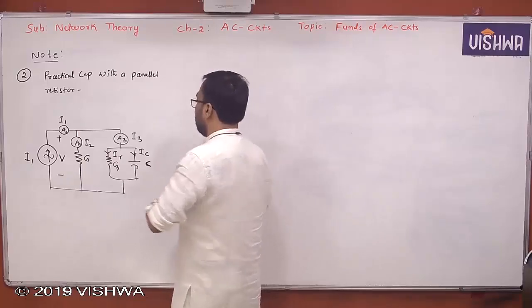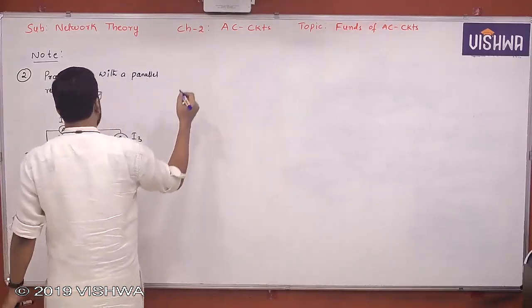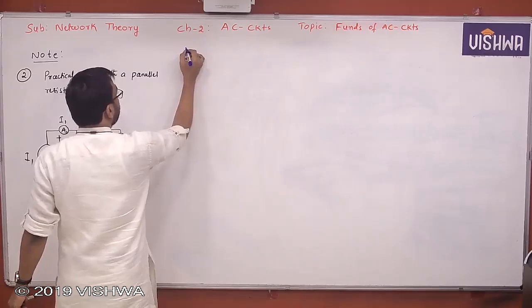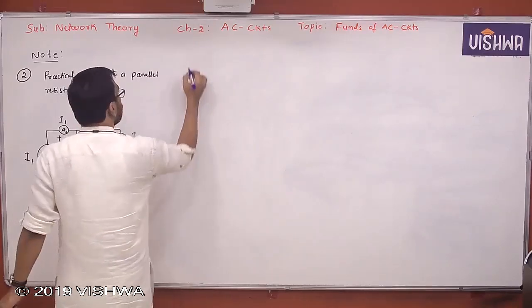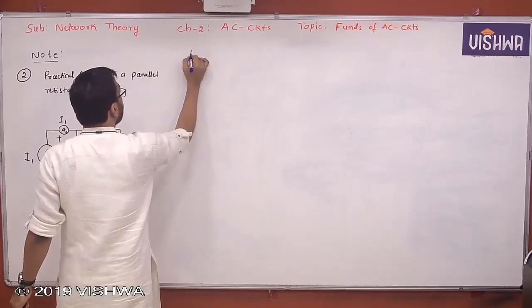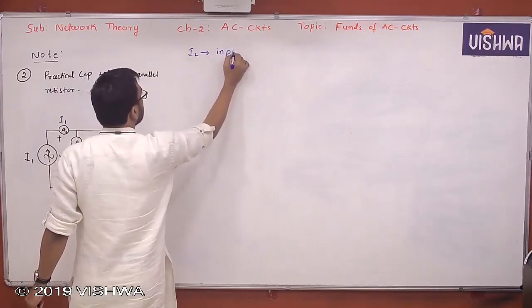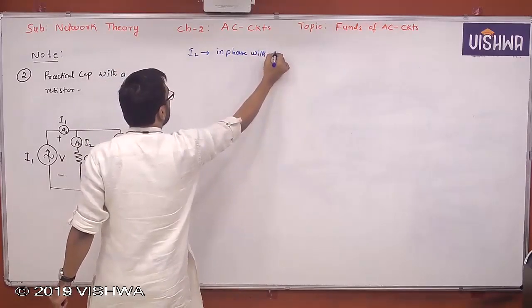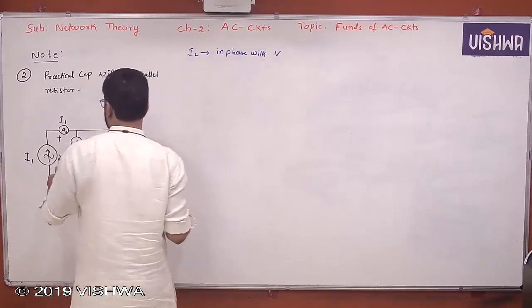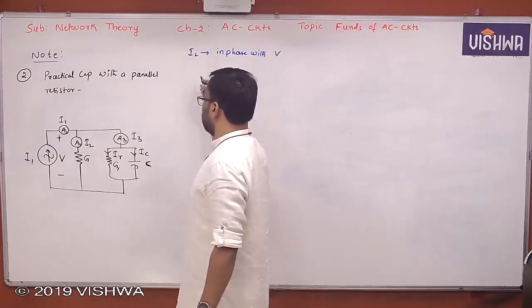Okay, so let us take some relationships here. What are the relationships you have? Look at this. What are the phasors you have? V and I1, I2, I3. Yes or no? So first let me take I2. I2 is in phase with V. Yes or no? In a parallel circuit, let me take V as the reference phasor.